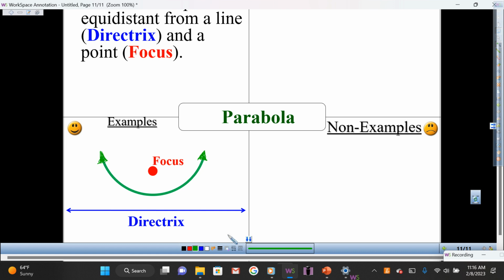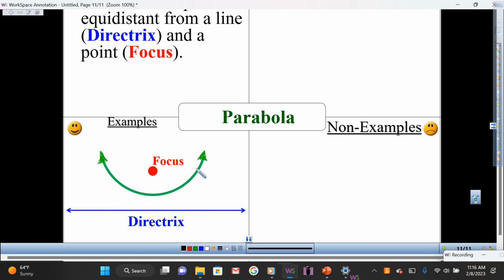According to the definition, the parabola is formed with equidistant points from the directrix and the focus. So what does that mean? Look up, guys: between the focus and the directrix, all these points that form the parabola are equidistant. The easiest one I can think of is the one in between the directrix and the focus.